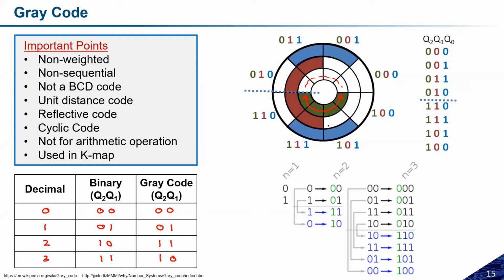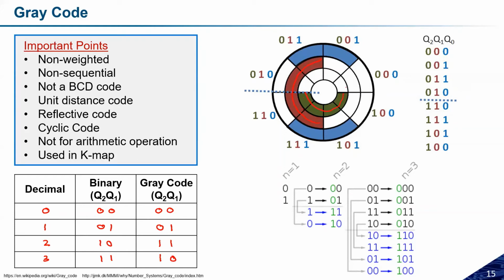So if I have rotated, then this will become something like this, 0 0 1 1 and something like this. So the simple thing is you just have to rotate the code. Whatever code you had before, you have to rotate it by some angle, then you will get something like that.